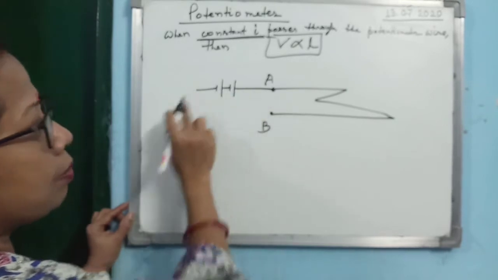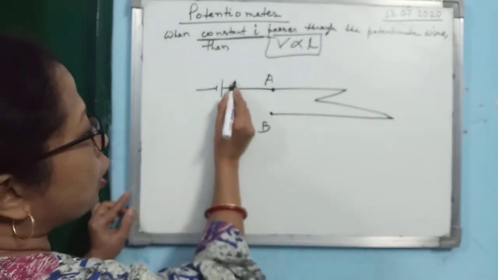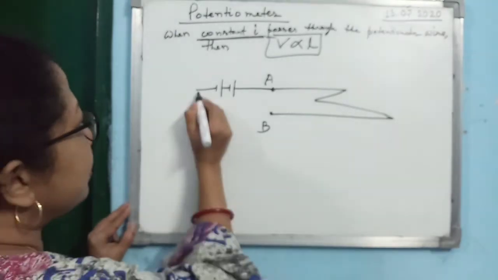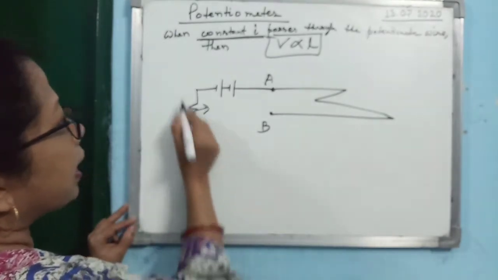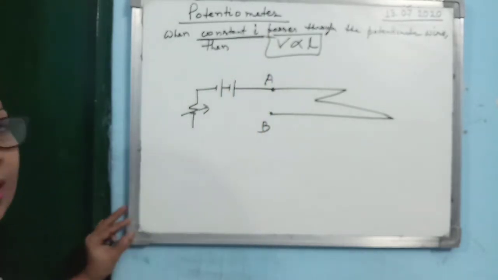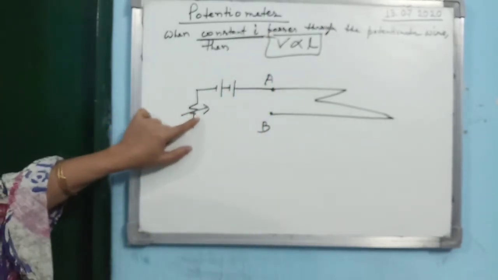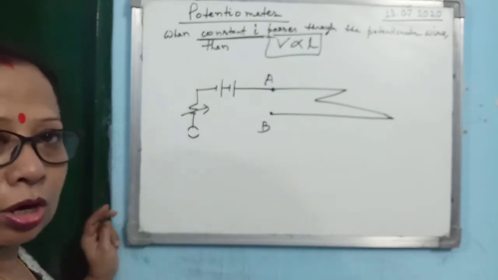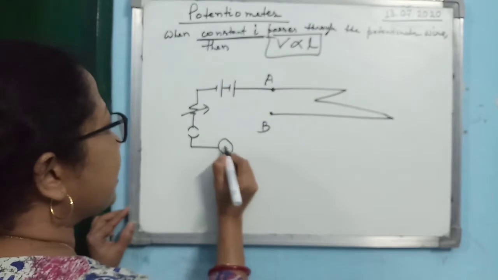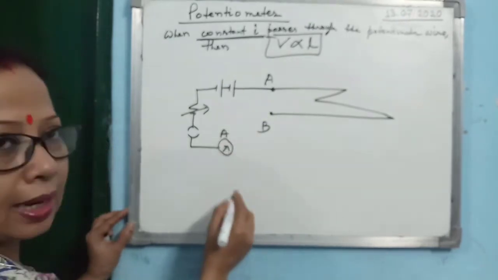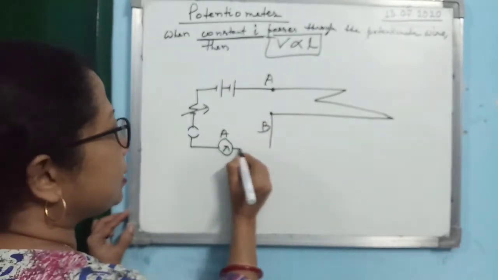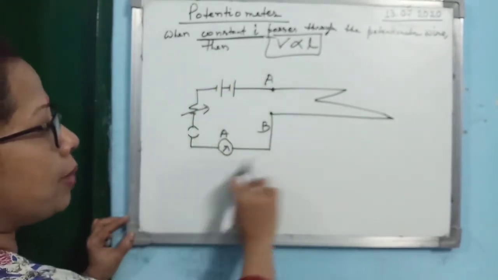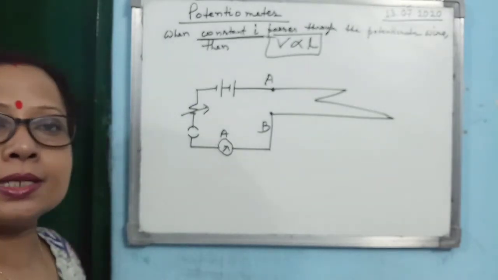But remember that the positive terminal of the battery should be connected to A. Then we need to control the current to keep it constant, so we need a rheostat, a variable resistance. Then we need a key to switch it on or off. Then we need an ammeter to measure the current, and then you connect it to B.